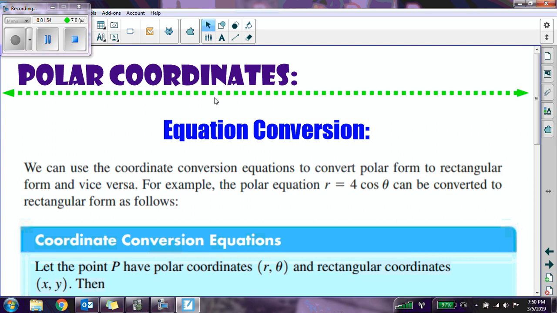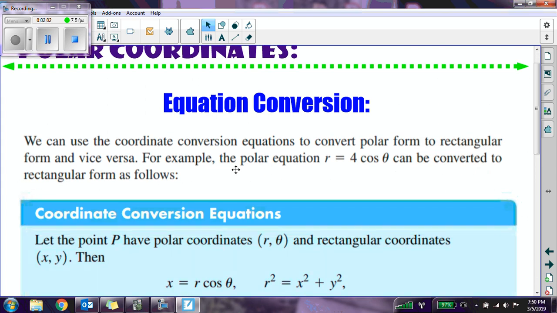We are now going to be talking about polar and rectangular equations and converting between the two. For example, if we have a polar equation, we're going to start out with r equals 4 times the cosine of theta.